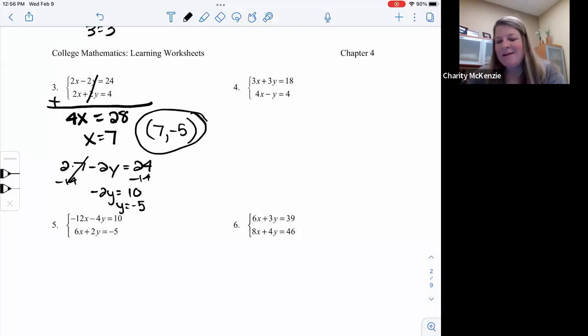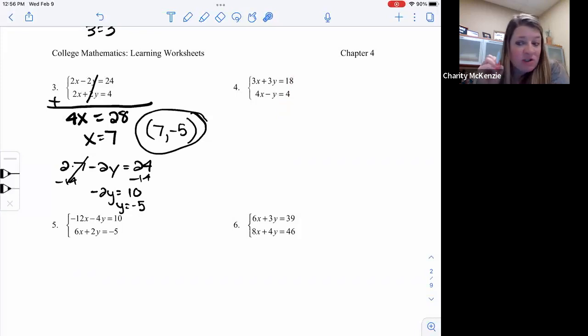Could I then plug that in my calculator and make sure it's right? Sure. So let's look at problem 4 here. If I add 3x and 4x, does that make 0? No, it makes 7. Does 3y and negative 1 make 0? Nope, makes 2. So we can't just eliminate straight down.